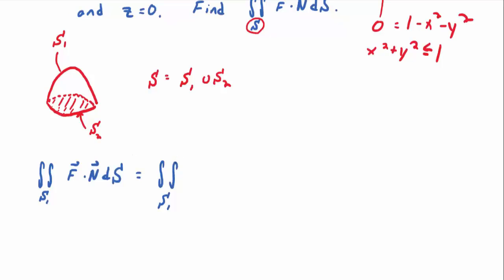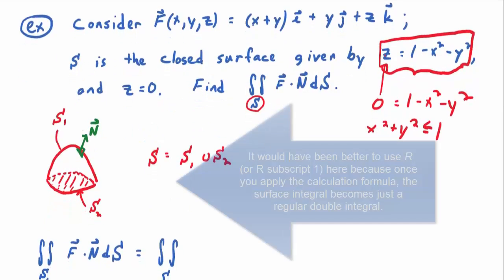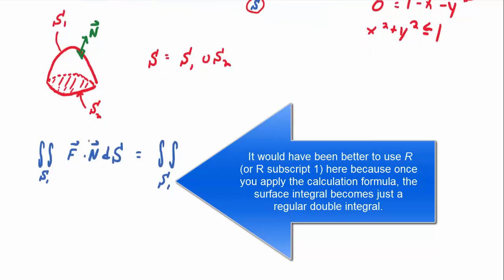So how do we orient a closed surface by convention? I said parameterize by mistake, I meant orient. We take the outward pointing normal vector. Okay, so this vector is normal to the surface, and so this is the outward pointing normal vector by convention.